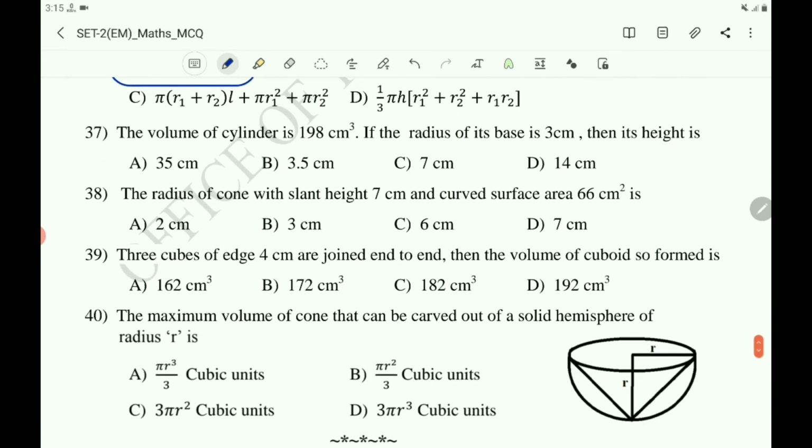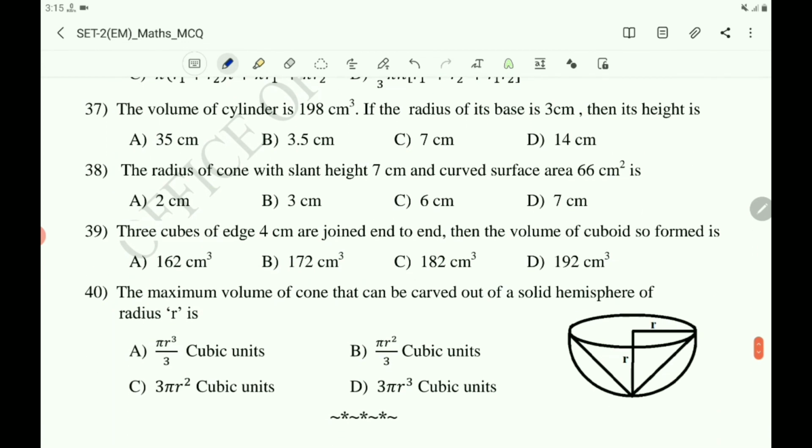Then take question number 37. The volume of a cylinder is 198 cm cube. If the radius of its base is 3 cm, then its height is? You must know the formula for the volume of a cylinder: V equals pi r square h.